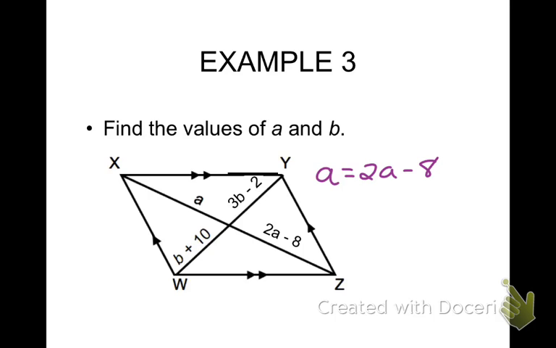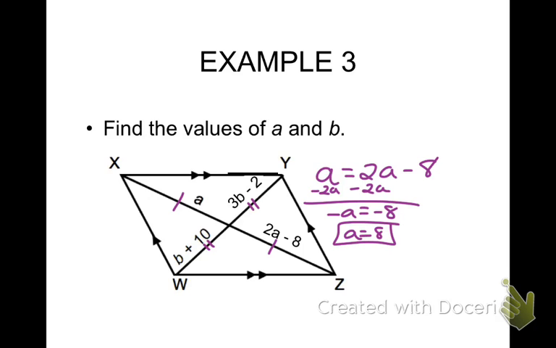They bisect each other. So since they're bisecting each other, this is congruent to this, and this is congruent to this. So a should equal 2a minus 8. If we solve that equation, subtracting 2a from both sides, negative a is equal to negative 8. A is equal to 8.